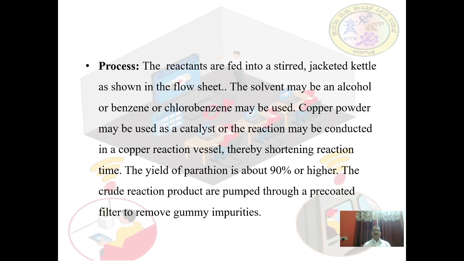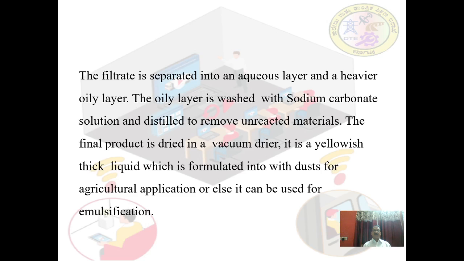The yield of parathion is about 90% or higher. The crude reaction product is pumped through a pre-coated filter to remove gummy impurities. The filtrate is separated into an aqueous layer and a heavier oily layer. The oily layer is washed with sodium carbonate solution and distilled to remove unreacted materials.